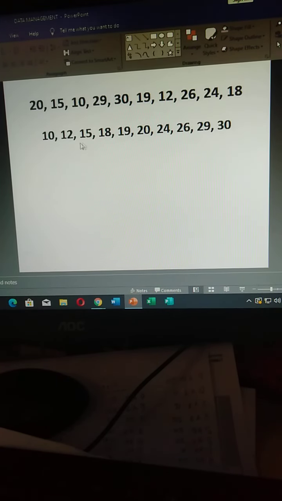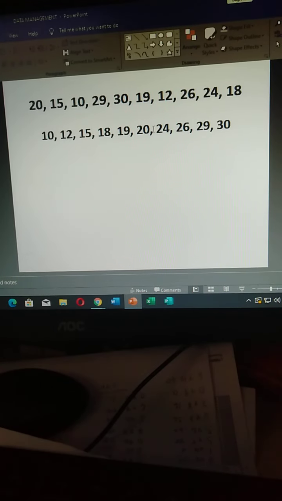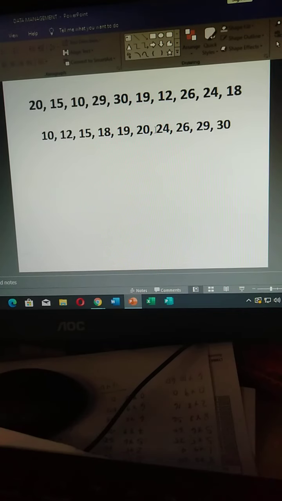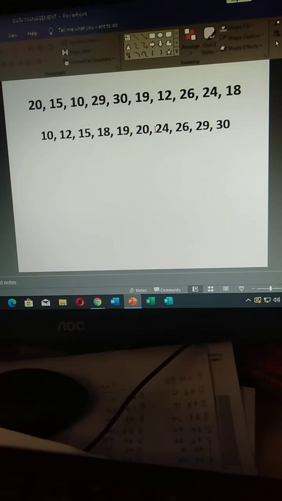Now, we are looking for Q1, Q2, Q3. Diba? Q1 is the lowest. Q4 is the highest. Okay. So, Q3 is second to the highest and Q2 is second to the lowest. Yun po yun. Okay.